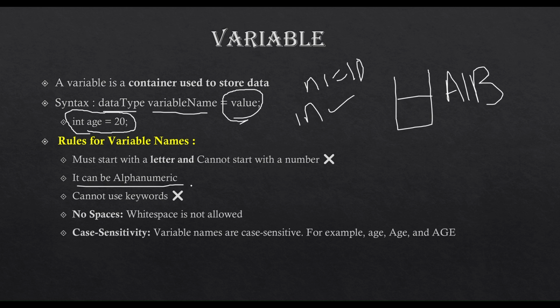In the third rule, it says that it cannot be a keyword. What is a keyword? A keyword is a reserved word which has a specific meaning in the programming language.